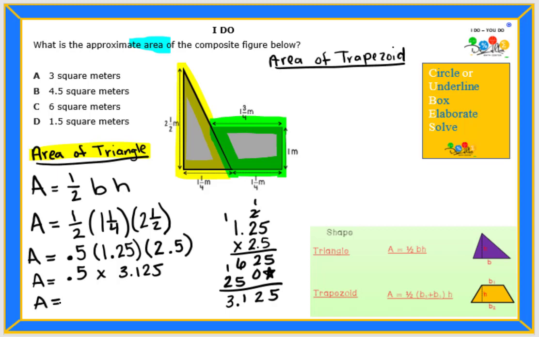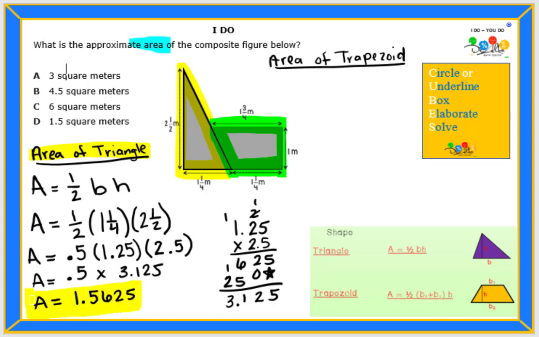So the area is half of 3.125. That's going to be 1.5625. So that is the area of the triangle.